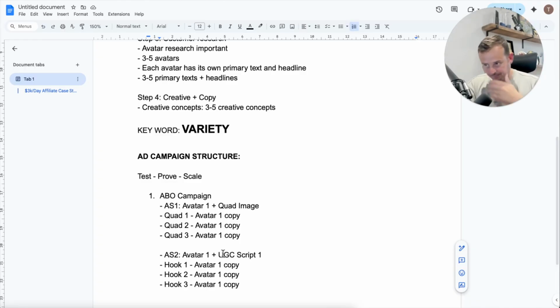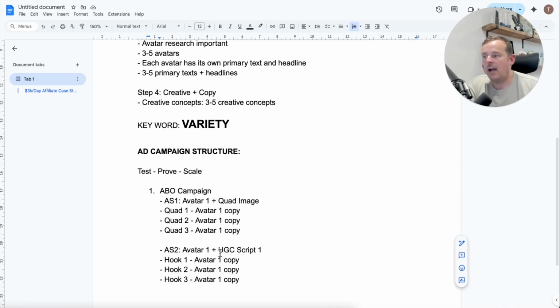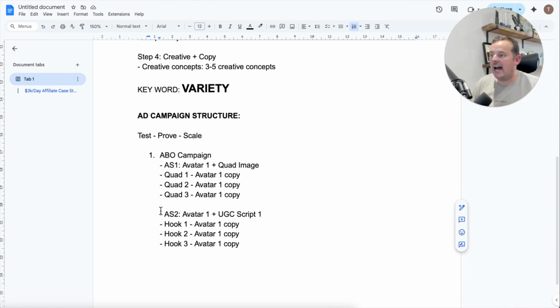Authority style scripts. Okay, so in that scenario, I wouldn't, right? But I'd keep on bashing this out. So then ad set 3 would be avatar 1, creative concept 3, whatever that is, right? And then again, 3 variants of the creative with the same avatar copy. And then I'd repeat it for avatar 2, avatar 3, avatar 4, or whatever, however many avatars I'm running.